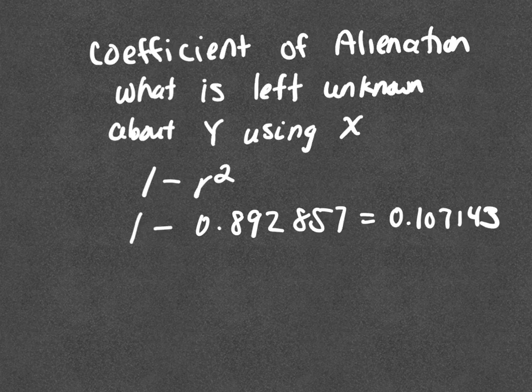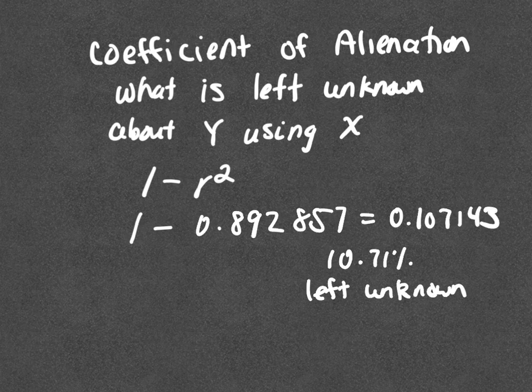The alienation for this is 1 minus 0.892857, which gives me 0.107143. As a percentage, that's 10.71%. We want to round to the hundredths place. That's left unknown. So what this is telling me is that x and y are so connected that x tells me about 90% of what's going on with y and only leaves about 10 to 11% of that unknown.